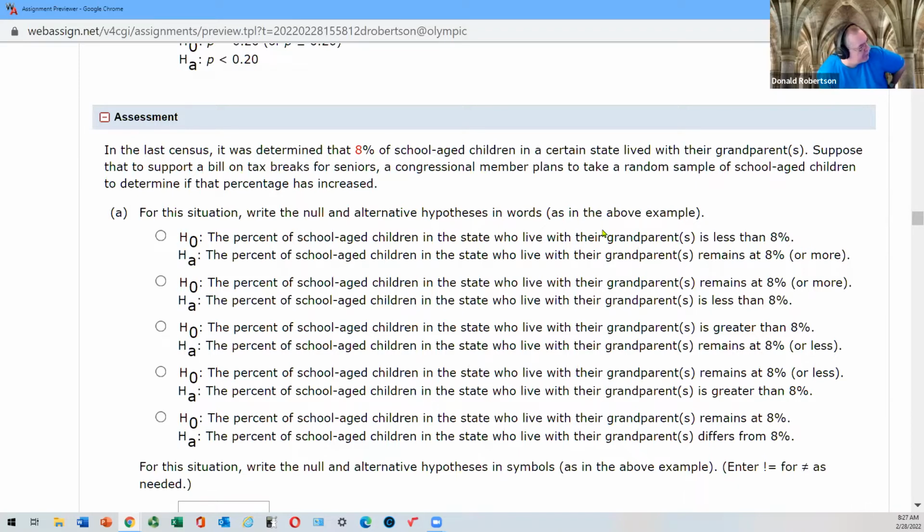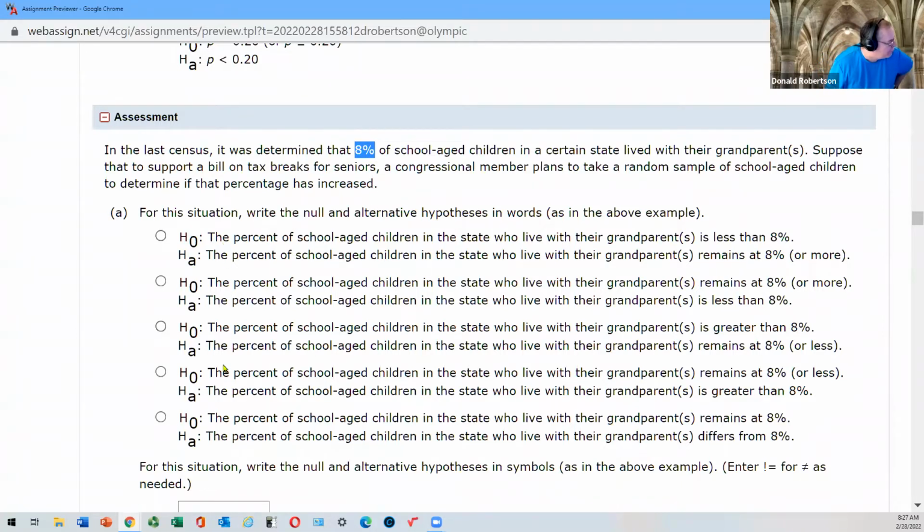And this congressional member plans to take a random sample of school-aged children to see if that percentage, and there right at the end is the key. Aren't we trying to prove that it's now bigger than it used to be, right? The last census, 8%. He thinks it's more than that.